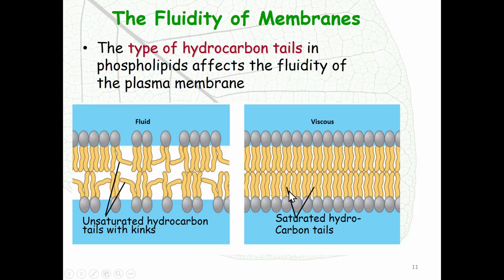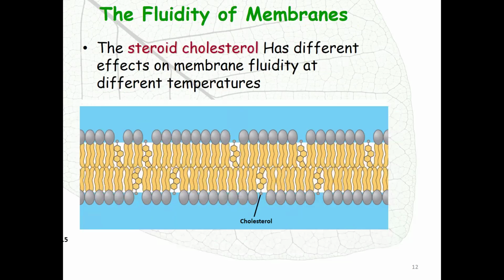Saturated hydrocarbon tails make it more viscous, and here it is more fluid. So plasma membranes in different organisms have some variations also. The fluidity of the membrane is also associated with the steroid cholesterol.